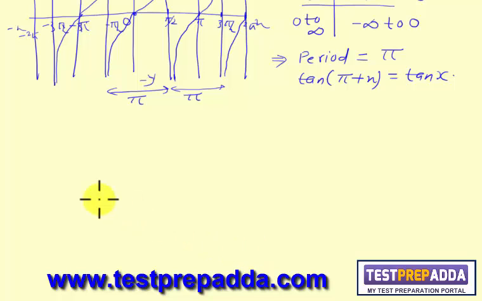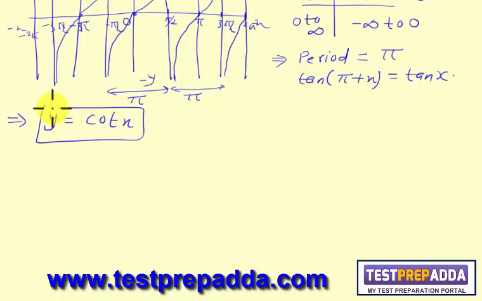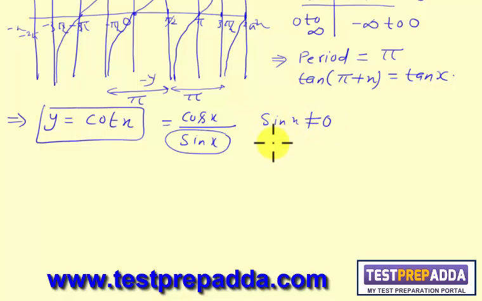Okay. Now I will talk about another trigonometric function, cot x, which is the reciprocal of tan x. Here, cot x is cos x upon sin x. Since sin x is in the denominator, sin x should not be equal to 0. So x should not be equal to n pi.